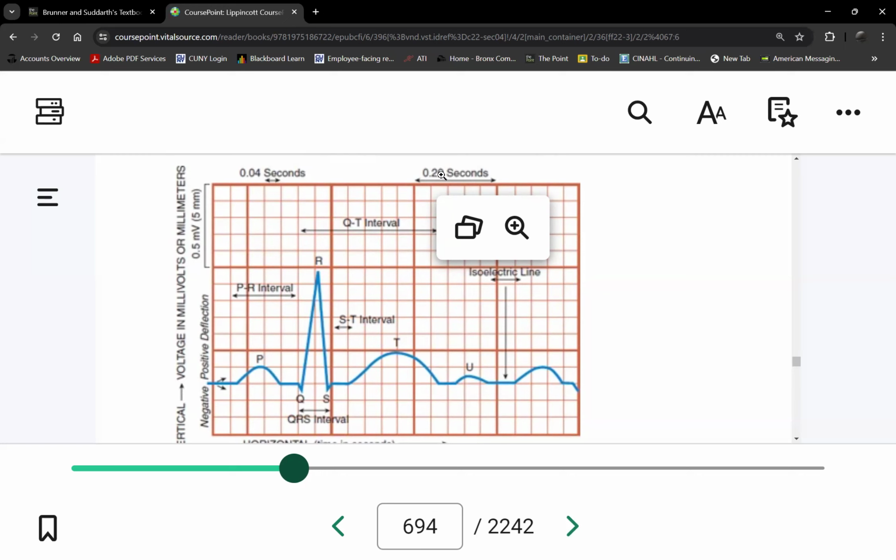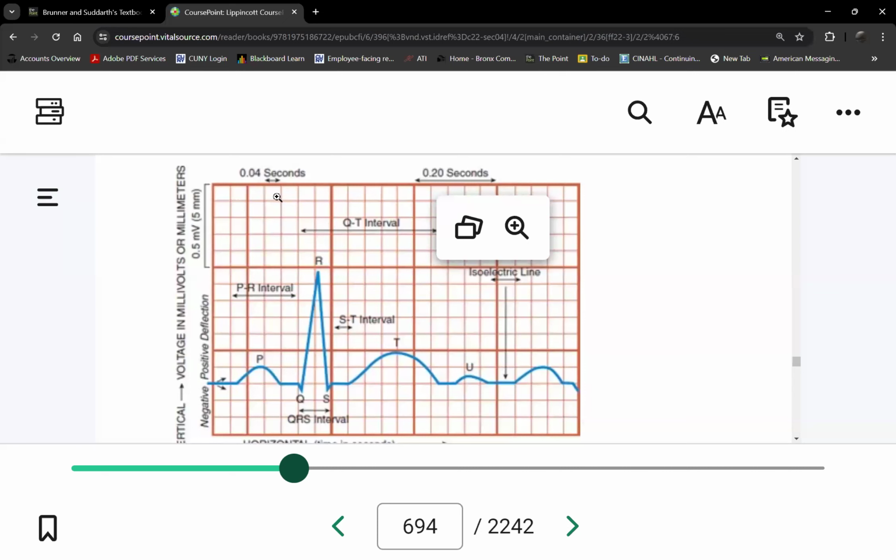All right. How many big boxes will there be in 60 seconds, in 1 minute? 60 divided by 0.2 equals? 300. There are 300 big boxes in 1 minute. How about small boxes?